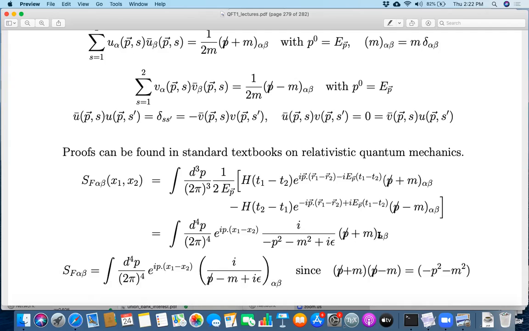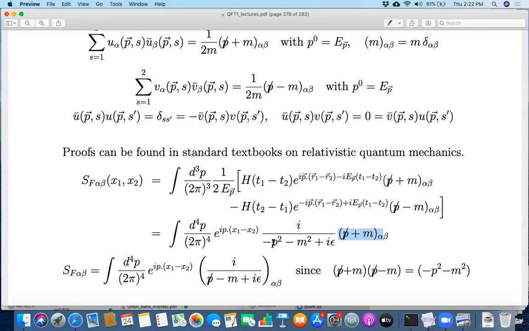So let me just explain how this comes about. In this expression over here, this term that you see, p slash plus M alpha beta, here p0 is not E_p. p0 is independent because here you are doing a full 4-dimensional integral. So what happens is that this denominator here is p0 squared minus E_p squared plus i epsilon.